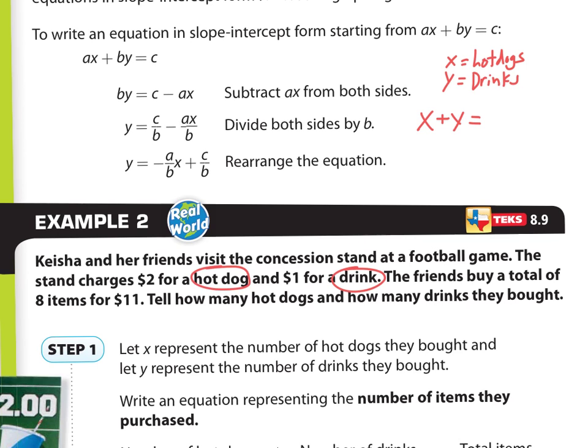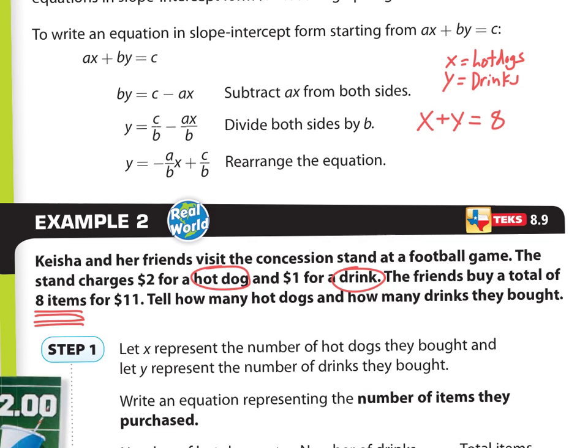Am I asking any questions over price yet? No. If I took the number of hot dogs plus the number of drinks, how many items do I have altogether? It tells you in the word problem. It says there are 8 items. So the number of hot dogs plus the number of drinks is 8.